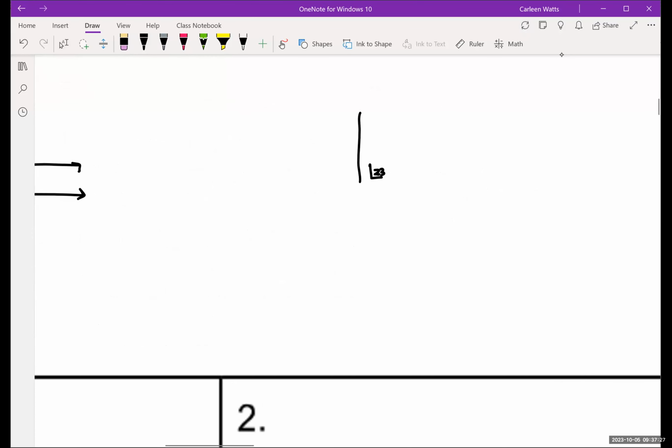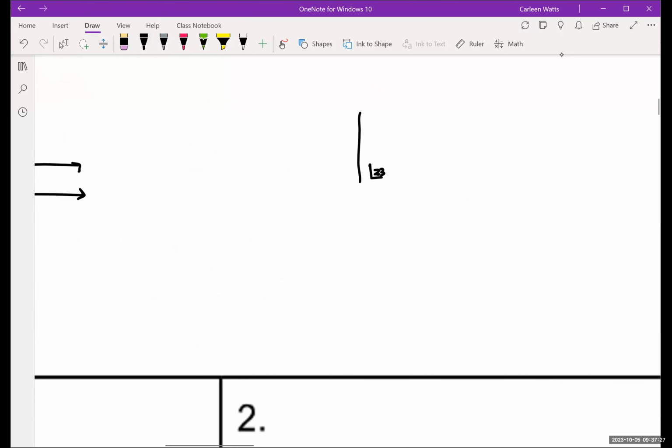I need another angle that is on the top left. So what angle is corresponding with angle 1? Angle 1 is corresponding with angle 5. How about angle 2? Angle 6.